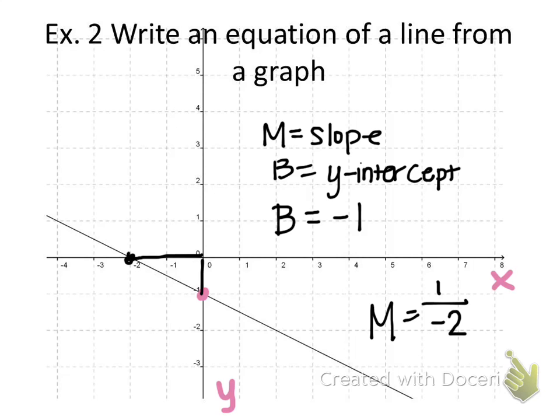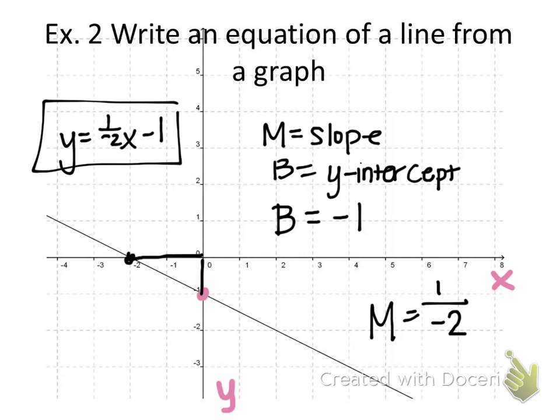Now I know my slope and my y-intercept. I can write an equation, and it's going to be y equals 1 over -2x plus -1, or I can just write -1.